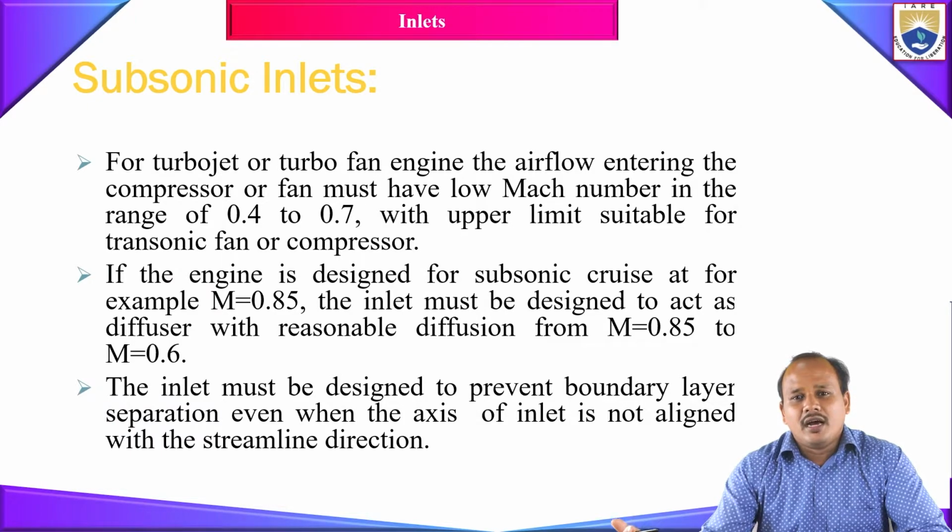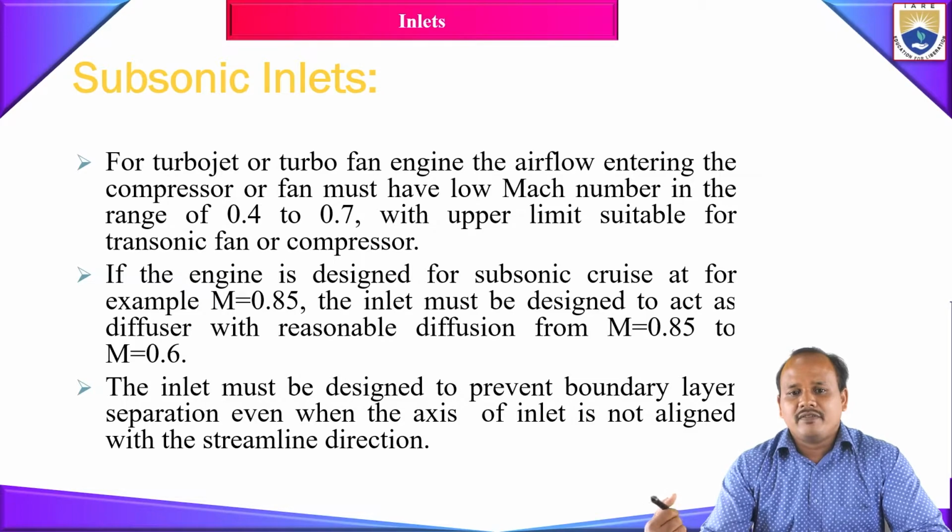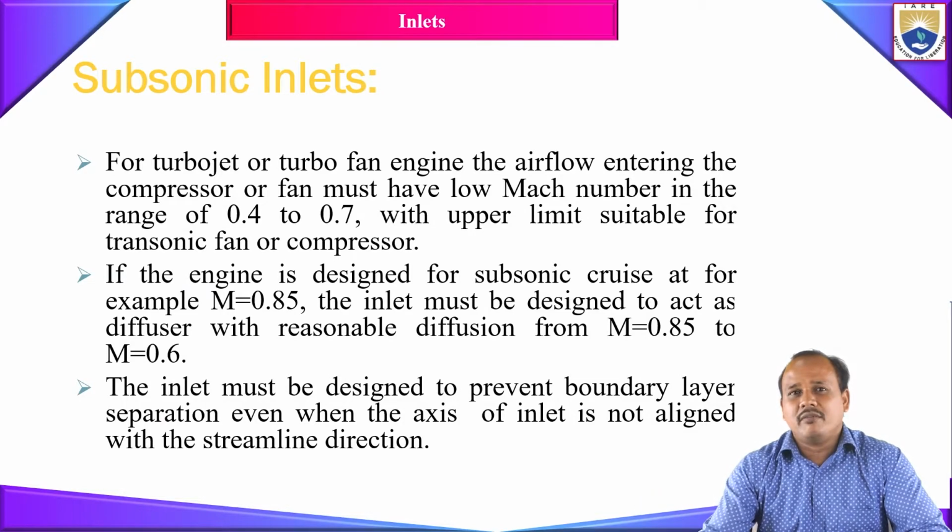Okay, so why? Because when the flow is passing through the compressor, you know what is happening across your compressor. We increase the velocity of your flow, and later on we convert that increased velocity to pressure. So basically, we have rotor and stator in the compressor, right? When the flow Mach number is in the range of 0.4 to 0.7, when it is passing through the rotor, it won't produce supersonic flow. Because if supersonic flow is produced in the compressor, what is going to happen?